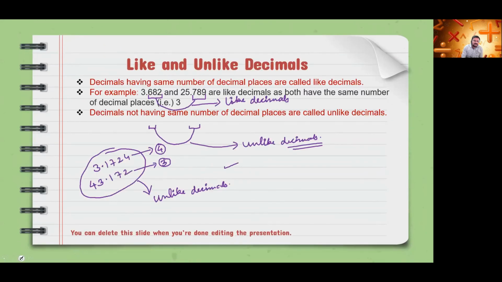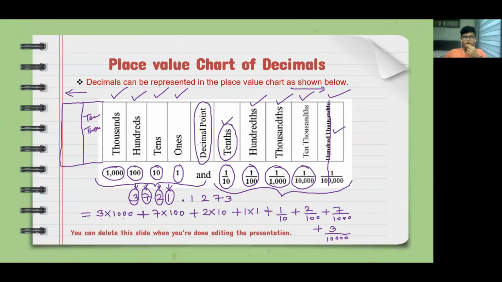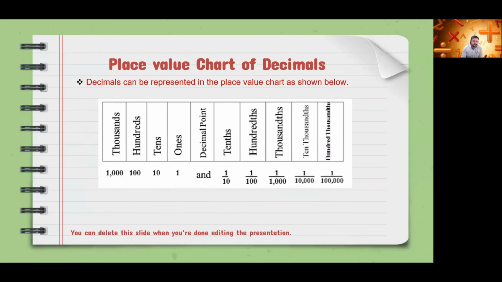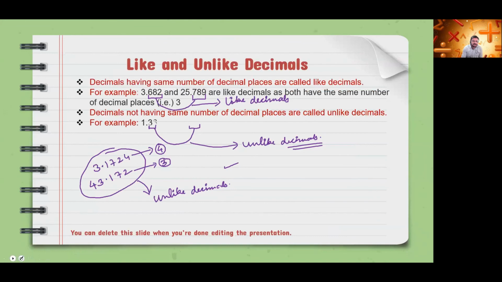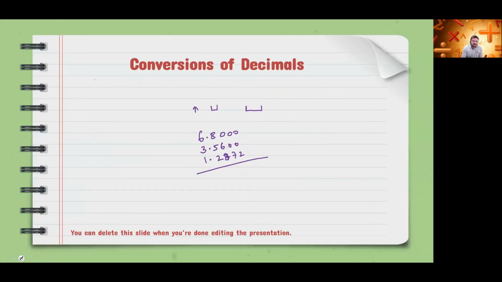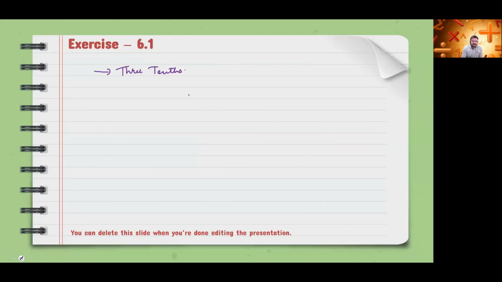Using the place value chart, we are doing this. हाँ, पॉइंट के बाद पहली वैल्यू होती है टेंथ्स. It is 0.3, so it will become 3/10. We are writing it using the place value chart of decimals. For that, you should know this. Is it clear to you? Yes, sir. Okay.